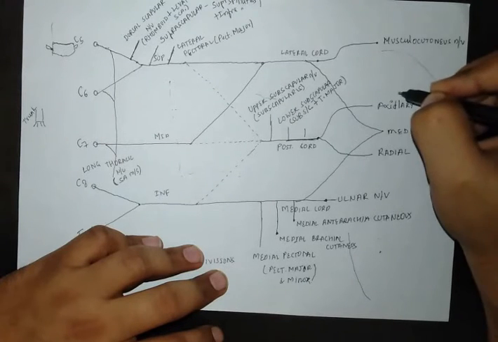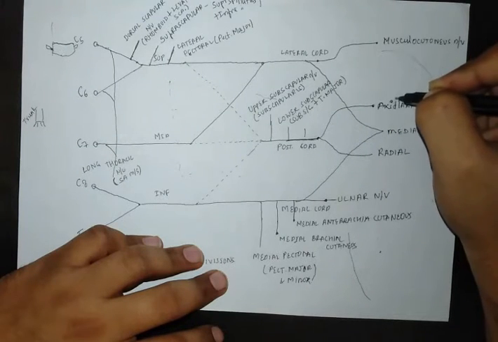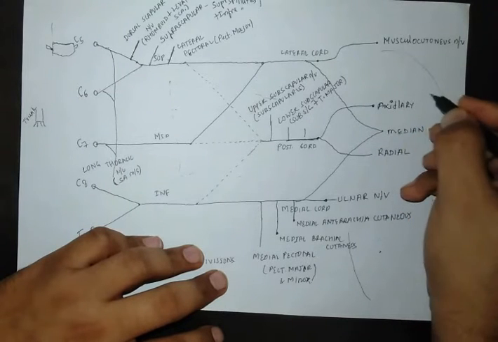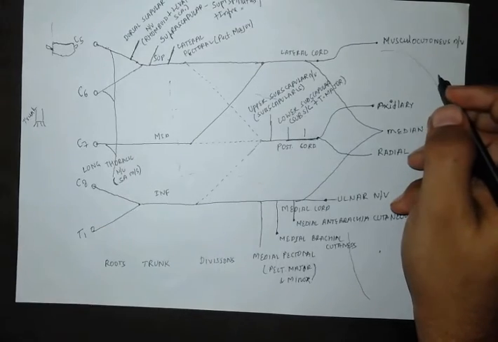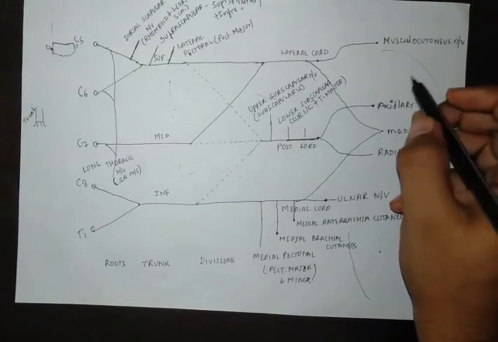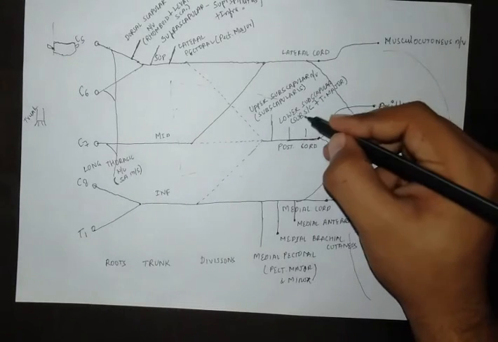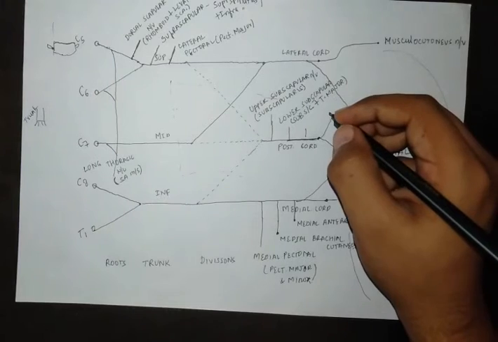So teres minor is basically supplied by the nerve which supplies the deltoid, because it is easy for it. The axillary nerve, as we know, supplies the deltoid, and axillary itself supplies the teres minor also, because they are near to each other, which we'll be doing in another video. So just remember, lower subscapular: subscapularis muscle plus teres major.